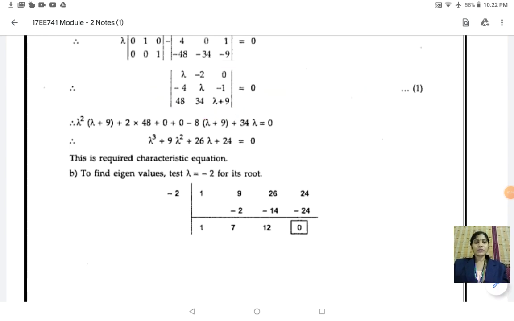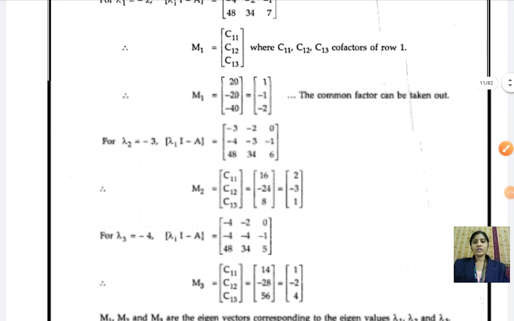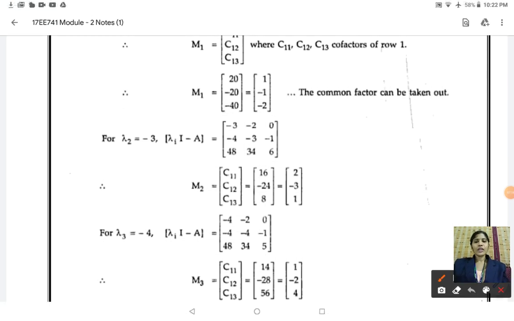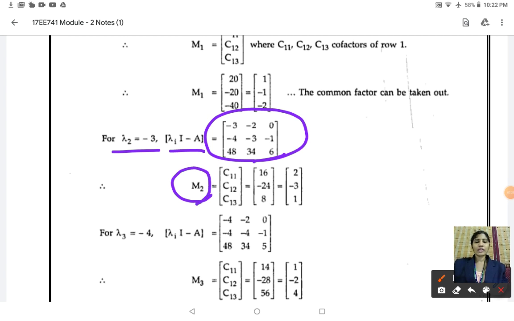When you substitute, you will get this particular equation. Now you have to obtain the modal matrix M2.